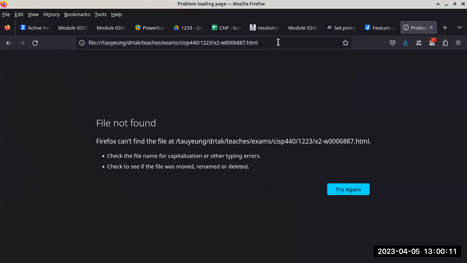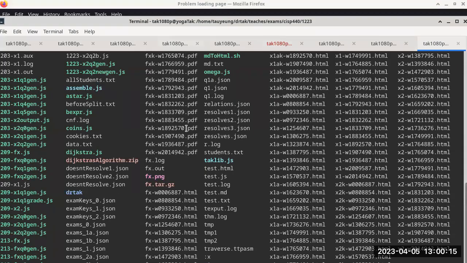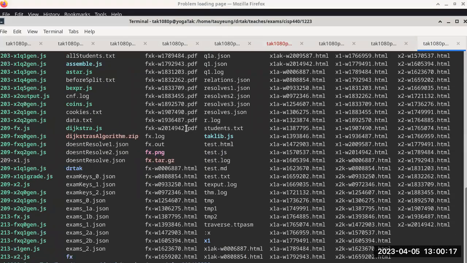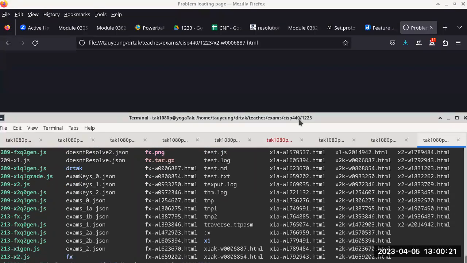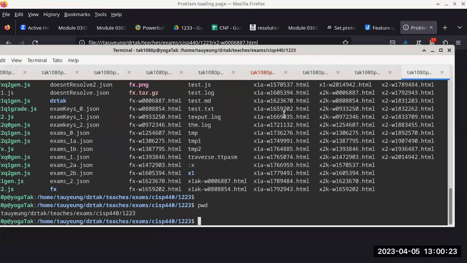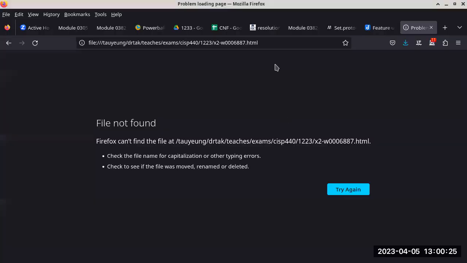Nope. Did I get a path wrong? Yep. Okay. Oh, you have two slashes after the file.